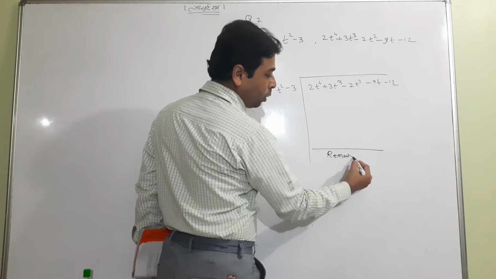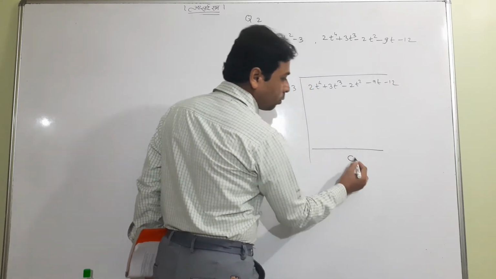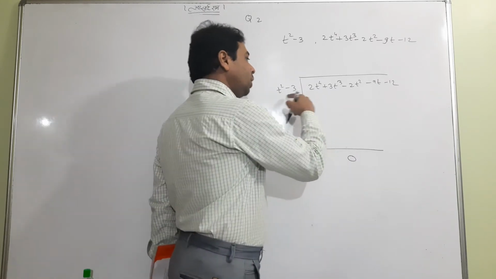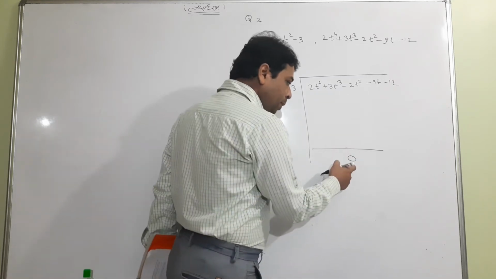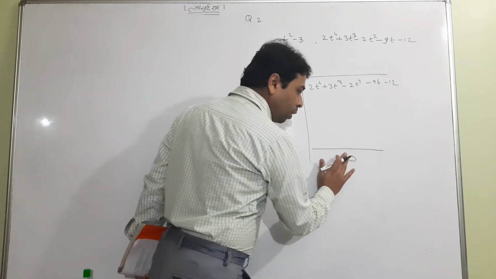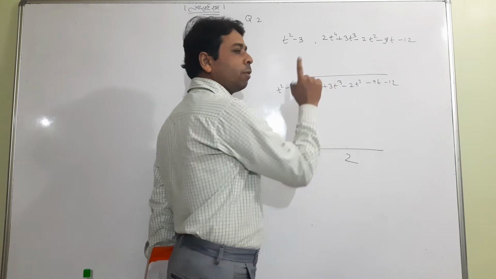I have already taught in the previous lecture, you know the procedure of dividing. Now just divide and check the remainder. When the remainder is 0, it means it is a factor of this. If the remainder exceeds 0, like 2 or 3, it means this will not be a factor of this.